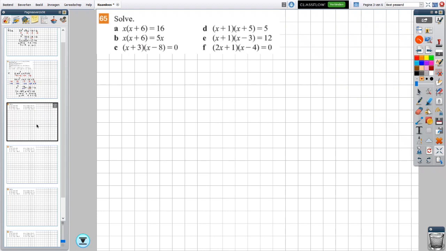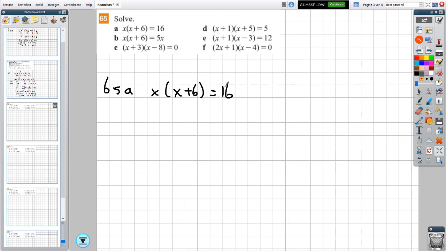Hello class, we're going to take a look at exercise 65, and in 65 we have a quadratic equation, for example at 65a, like this, and this is something you have to watch out for. Not because it's particularly difficult, because I don't think that's the case, but some of you might now say, hey, I have a product here on the left hand side, now I can use a times b is 0.